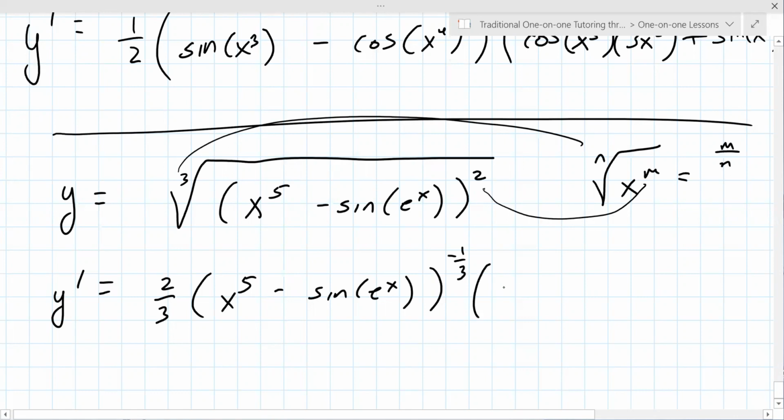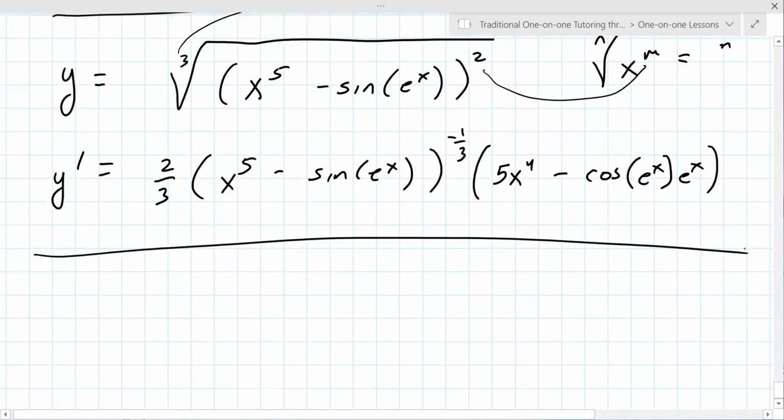So the derivative of that is 5x to the fourth, minus cos, then keep the parentheses, e to the x. Then e to the x again, times e to the x. Excellent.